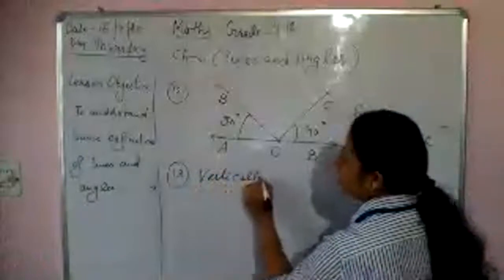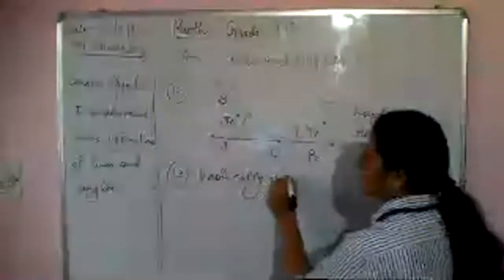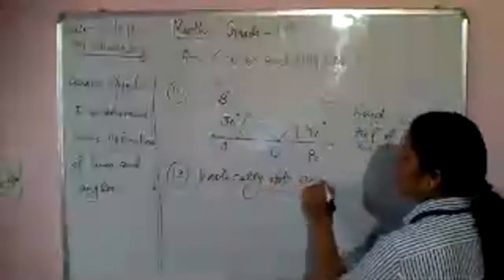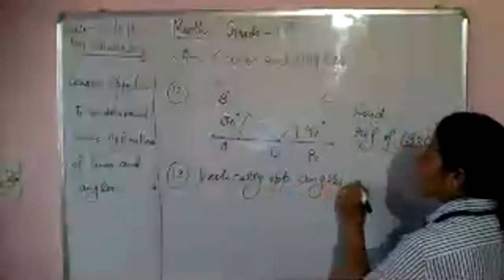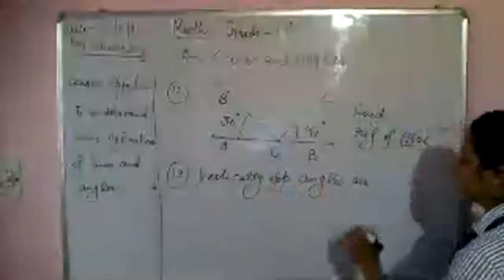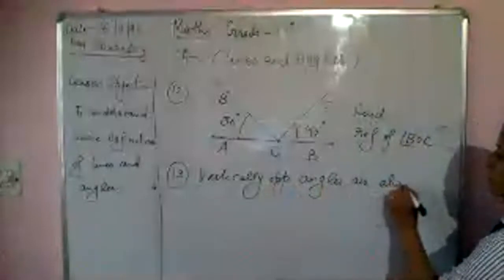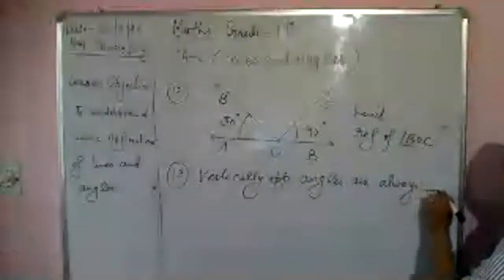Vertically opposite angles are always dash.